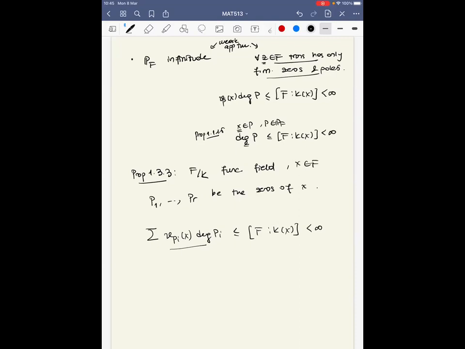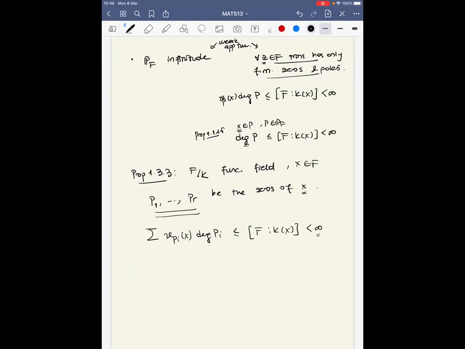And then we can conclude that. So here, let me suppose that if we have infinitely many zeros of a function, then this quantity will be infinity, but we will get a contradiction of the finiteness of the extension degree. So this is why we will be able to conclude that there are finitely many zeros of x.